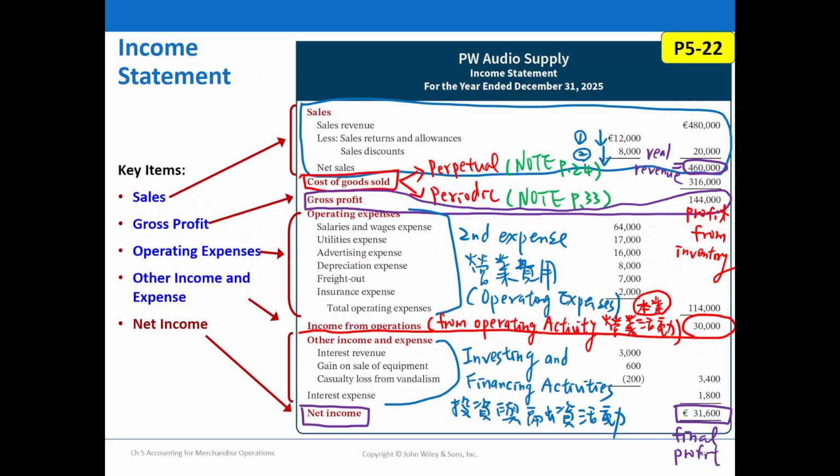So what's part two? We consider other gains or losses that cannot be controlled. We call it other comprehensive income. Here, did you find the title? The title is Income Statement, so it's only for part one, 损益表.